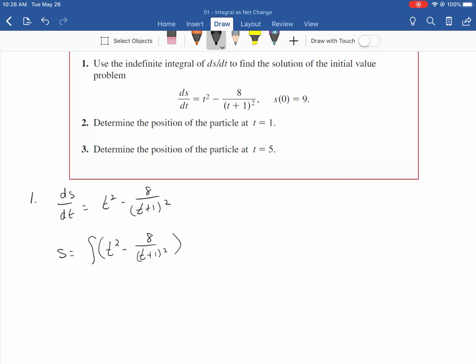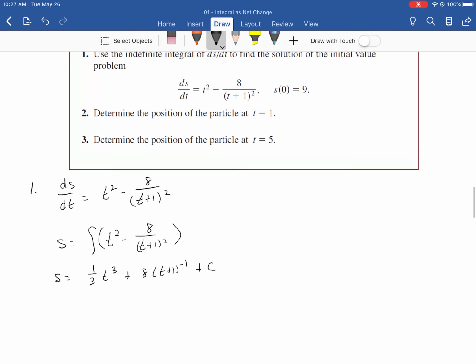Finding the integral is mostly the same with an indefinite integral versus a definite integral. We just don't know the limits of summation. So we get the 1/3 t cubed as before, we get the plus 8 bracket t plus 1 to the negative 1 as before, but now we get this plus c because we don't have the limits of integration. So we don't know what this constant of integration is.